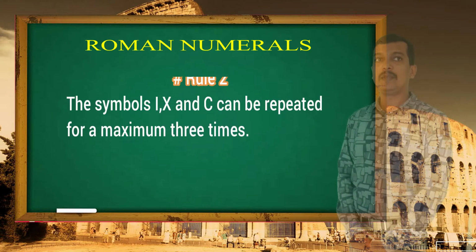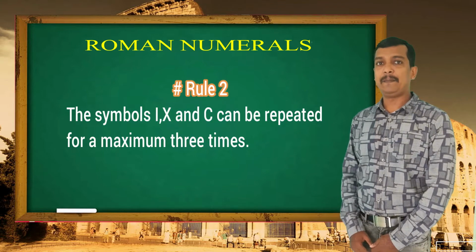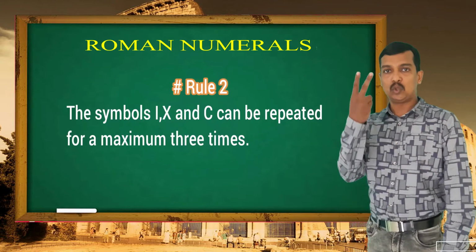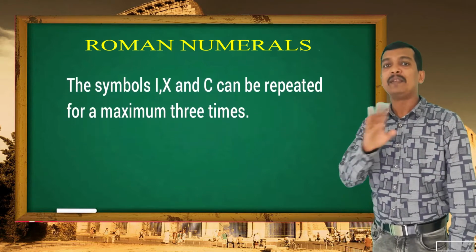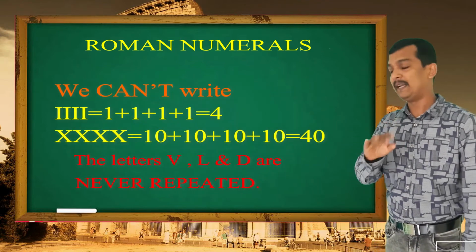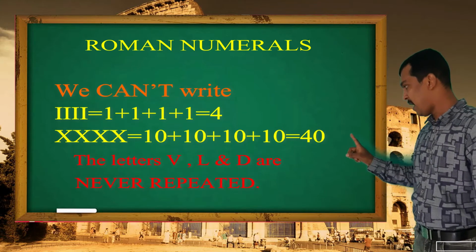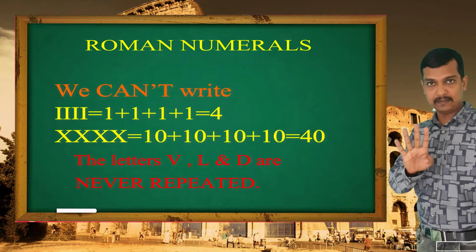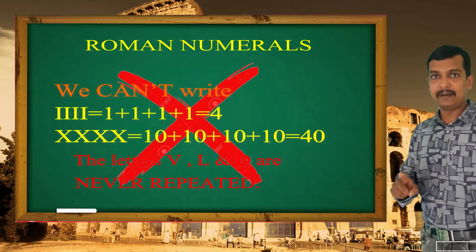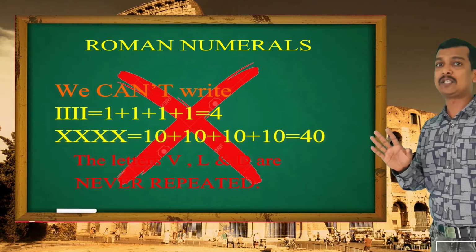Rule 2. The symbols I, X and C can be repeated for a maximum of 2 or 3 times. We can't write the symbols 4 times. Let me explain it. If you write I 4 times, then it will become 1 plus 1 plus 1 plus 1 is equal to 4. But it's wrong.